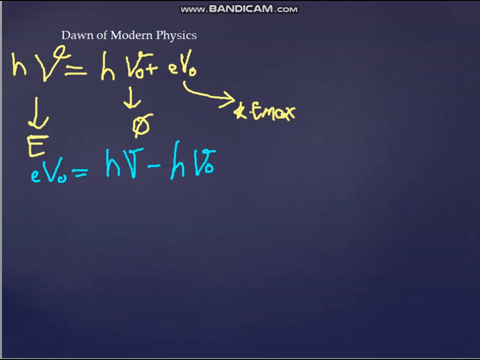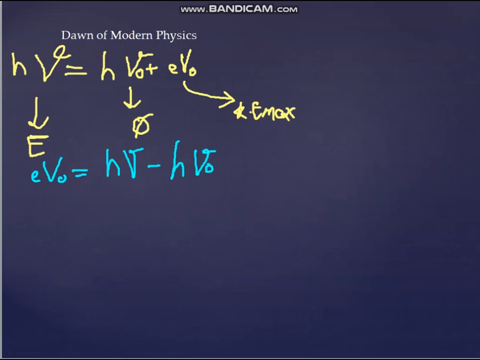But we can see that h is common in here. So we'll take h common, and when nu is equal to nu naught, which means when the frequency is equal to the threshold frequency, the given frequency of the photons is equal to the threshold frequency.